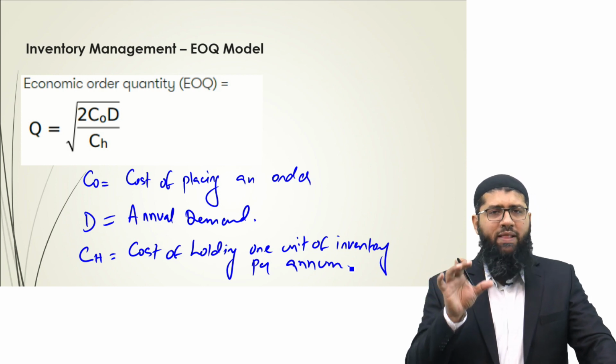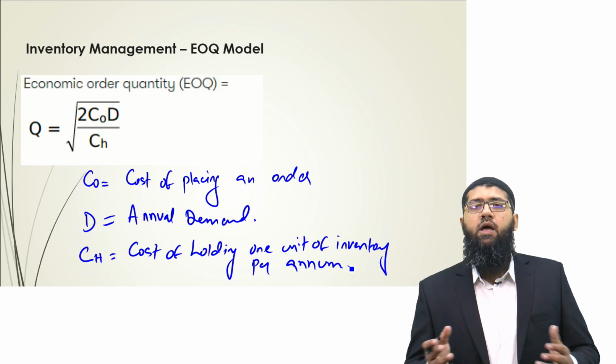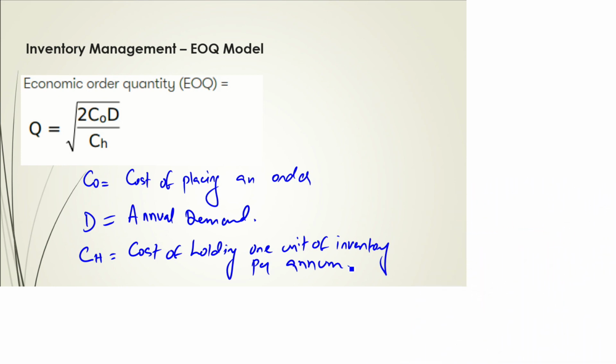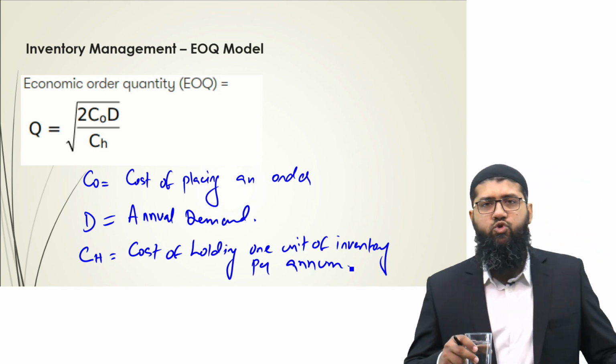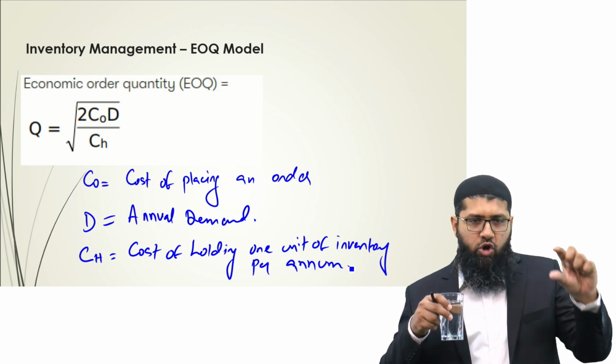If you have a single item of inventory held for 12 months of the year, how much is the cost that you are going to incur? That is called the cost of holding. So the formula for EOQ is the square root of 2 CO D divided by CH.